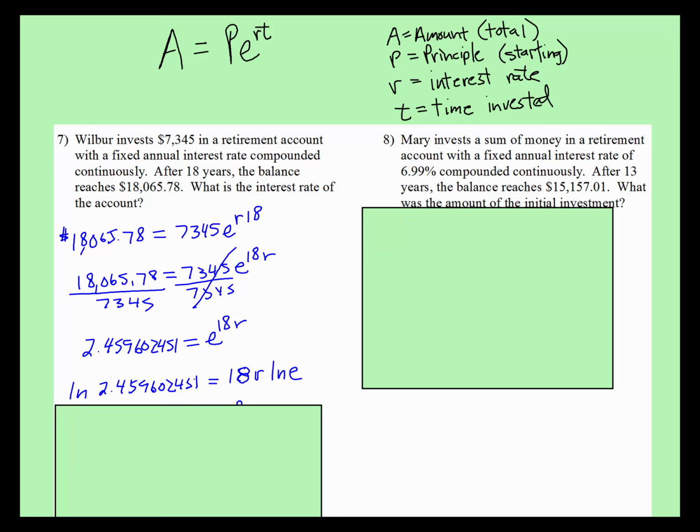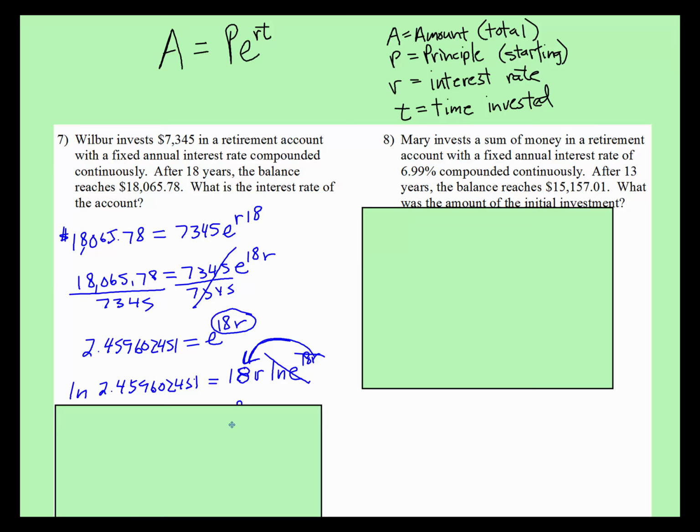And remember, laws of exponents, when you take the log of something, the exponent gets brought down in front. And remember, the natural log of e simplifies to 1, so it cancels.